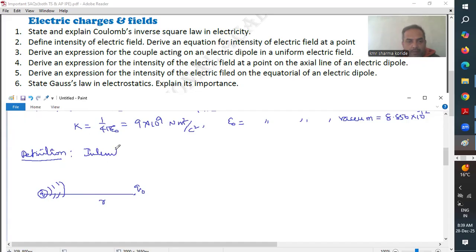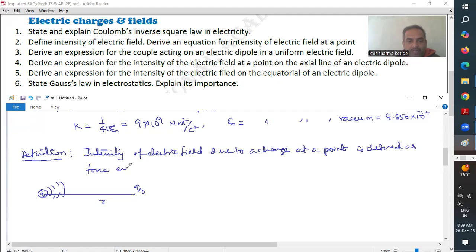Intensity of electric field due to a charge, in particular a point charge, at a point is defined as the force experienced by a unit positive test charge placed at that point.